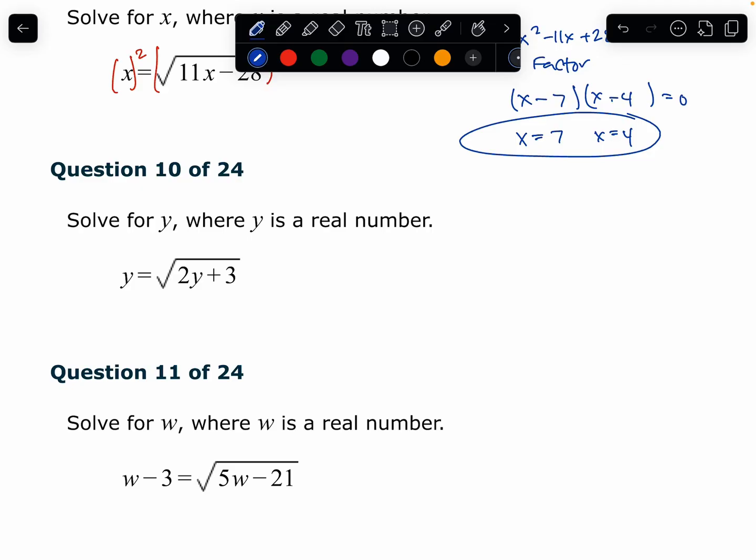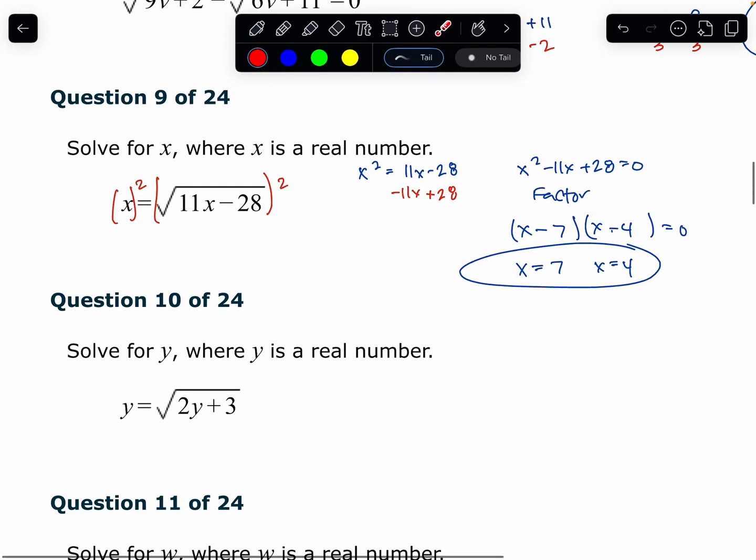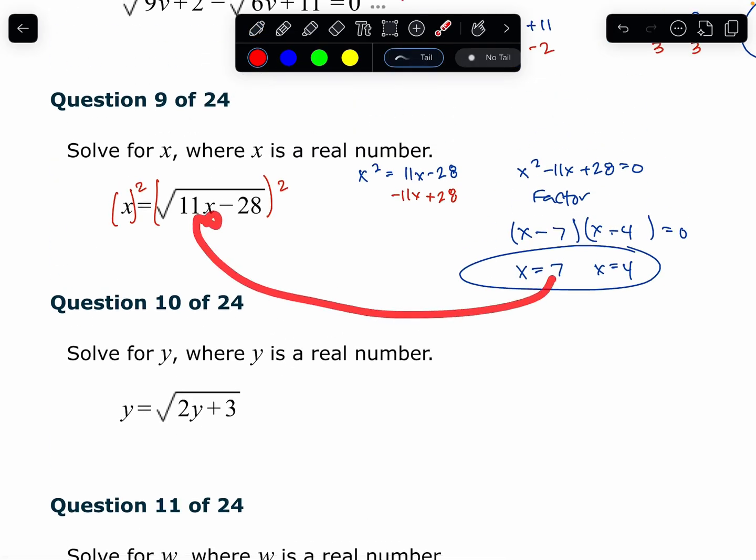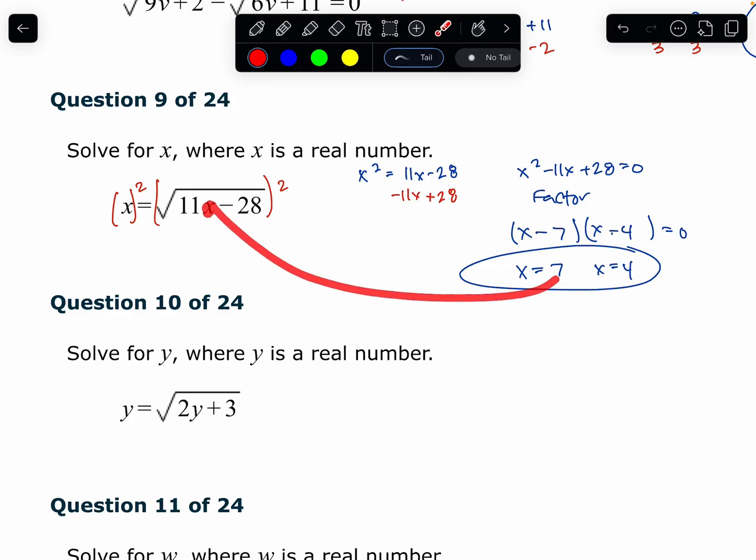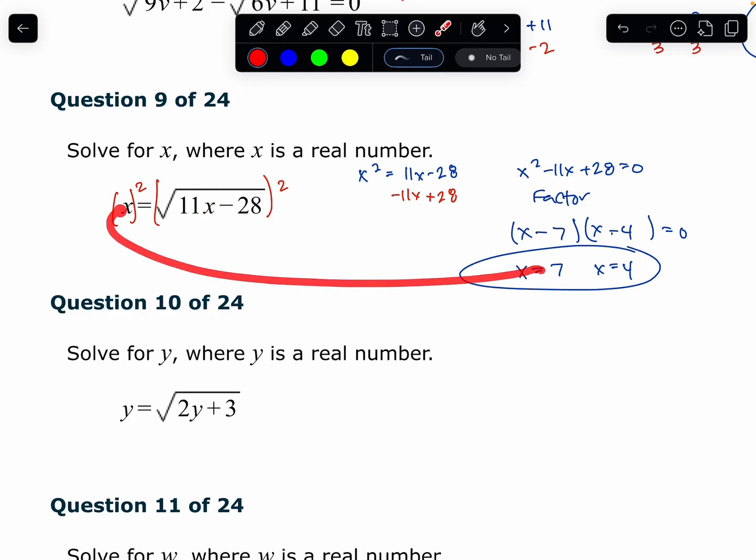Do we have to check the solutions here? So I'm going to check both of them, make sure that they're solutions. If I plug in 7 into the equation, I'll get 77 minus 28, which is 49, so I'll get 7 is equal to the square root of 49, and the square root of 49 is 7.